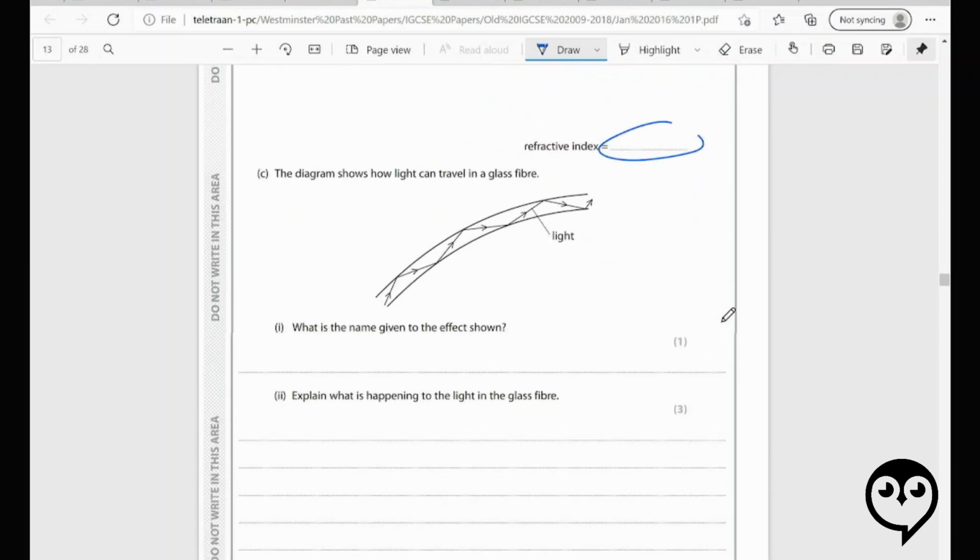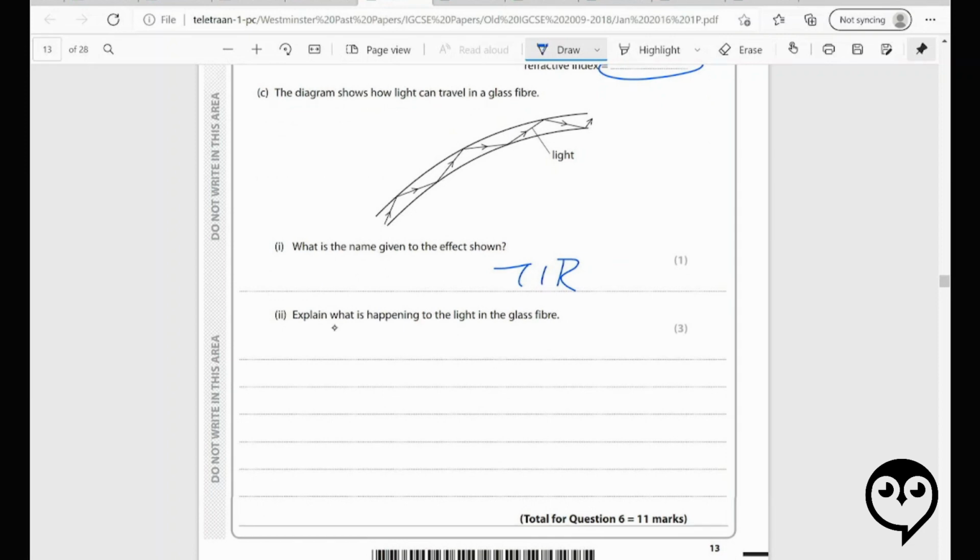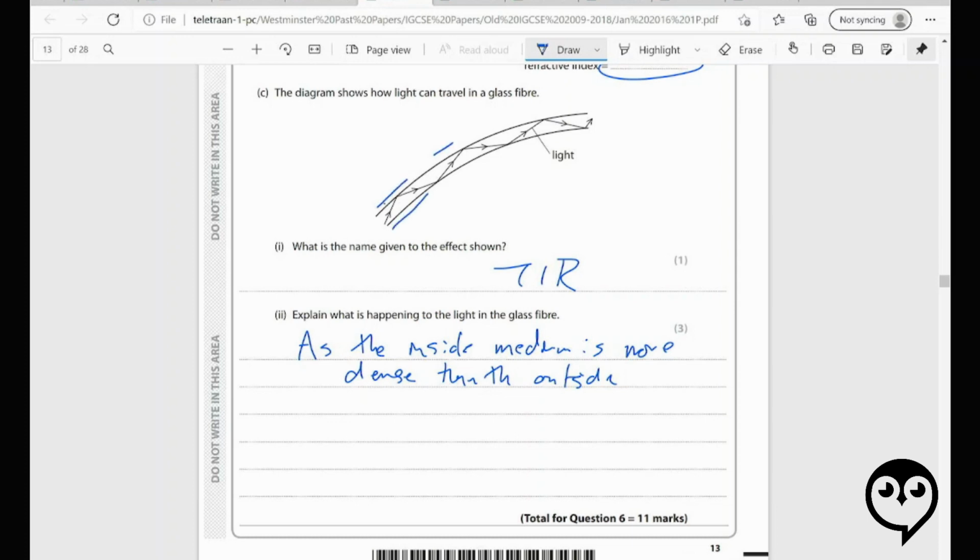Okay, this question here on fiber optics. What is the name given to this effect? This is total internal reflection, and I believe TIR might even get you the mark, but don't quote me on that just yet. Explain what's happening to light in the glass fiber. Let's just say the inside medium is more dense than the outside, and it won't be just air. Usually there's another material around it called cladding, but whatever.